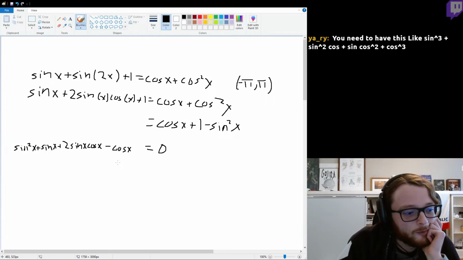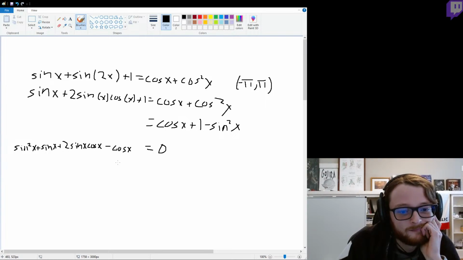It's like sine cubed, sine squared cosine, sine cosine squared, cosine cubed. Something that's potentially factorable, yeah. How would you get that? Maybe multiplying through by cosine? Well, that doesn't really get you there, though.